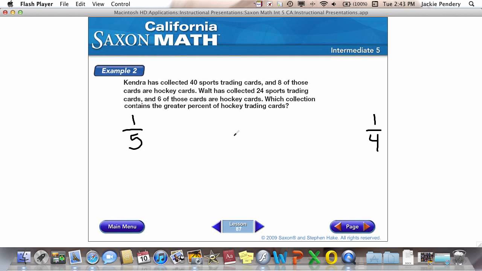Okay, so if I want to turn this into a percentage, I know the percentages have to have 100 as the bottom of my fraction, yes? So 5 times what equals 100? 5 times 20. So I multiply by 20 over 20, which gets me 20/100ths, which equals 20%. So 20% of Kendra's collection is hockey cards.